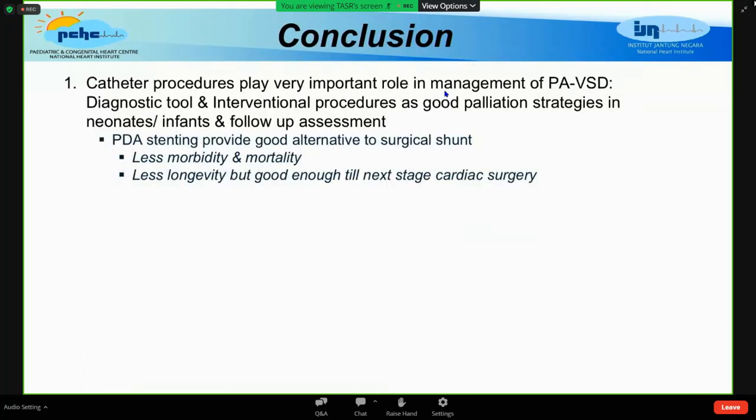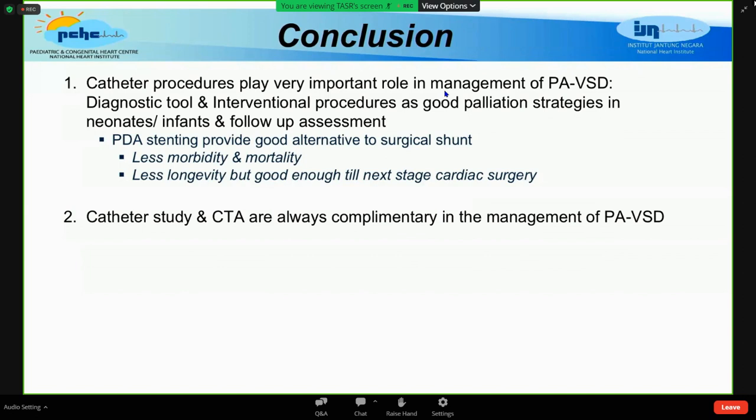In conclusion, catheter procedures play a very important role, especially in the management of pulmonary atresia ventricular septal defect. We can use cath procedures as a diagnostic tool and also as an interventional procedure. PDA stenting, in comparison, provides a good alternative to the surgical shunt with less morbidity and mortality. However, in terms of longevity it is probably less, but it is good enough in the setup of early cardiac surgery.